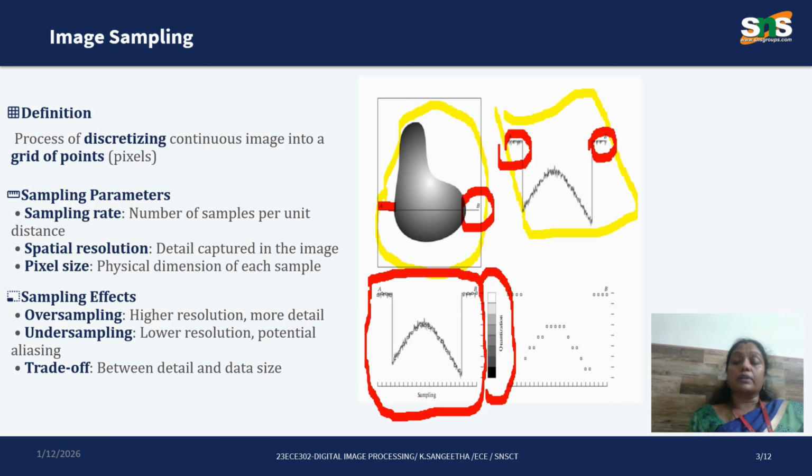There are sampling effects, and it should follow the Nyquist rate. If it meets the condition, it is called oversampling, that is higher resolution, more detail. Otherwise it is undersampling, that is lower resolution, with potential aliasing.